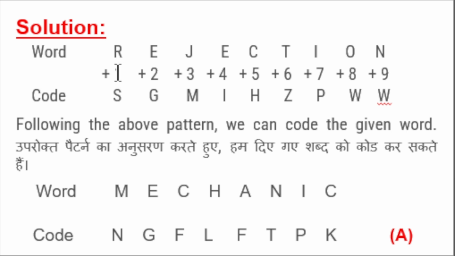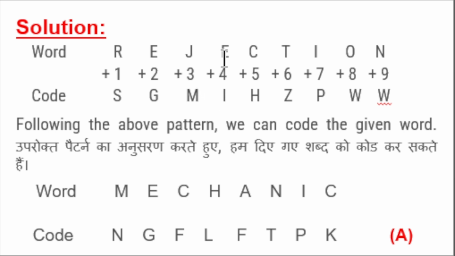So if we add 1, we get S. And G comes E, F, G. That means 2 letters next to E. Similarly, M comes after J: J, K, L, M. That means 3 letters next to J comes M.